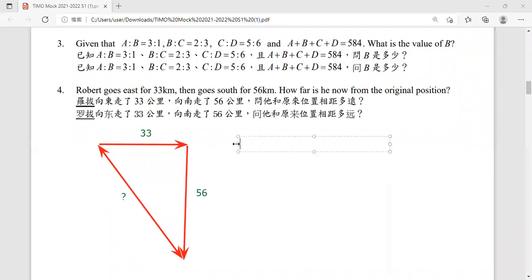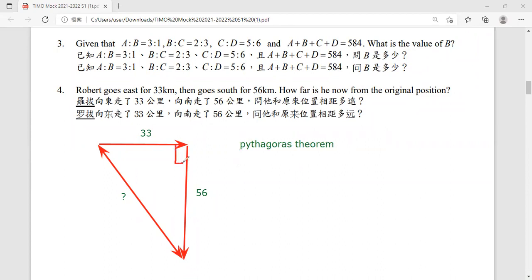Actually, we can use Pythagoras theorem for this one. You know what Pythagoras theorem is?